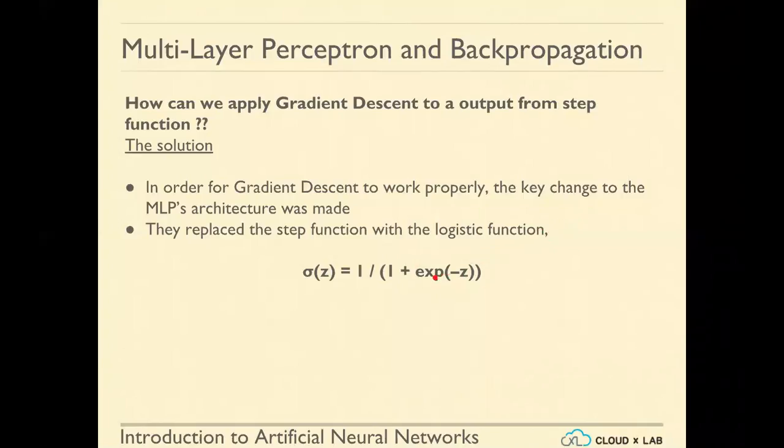So this value is going to be very close to 1 if this is close to 0, and close to 0 if this is really huge.